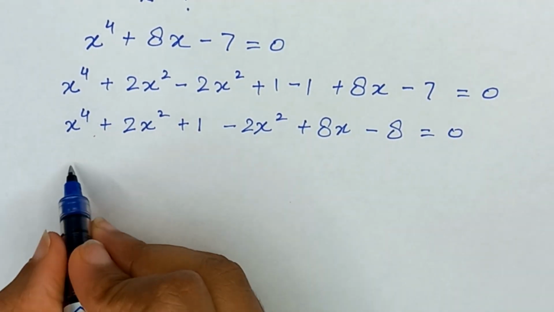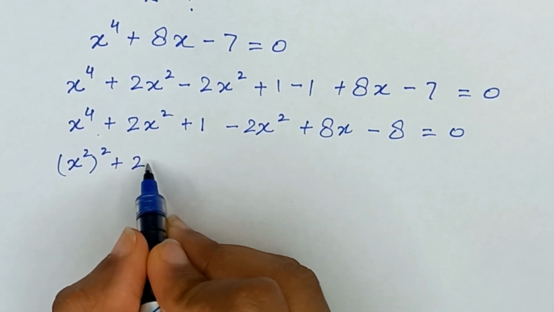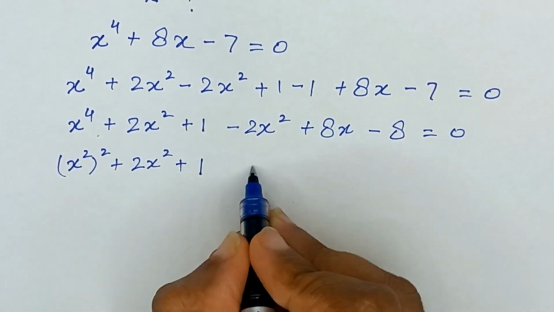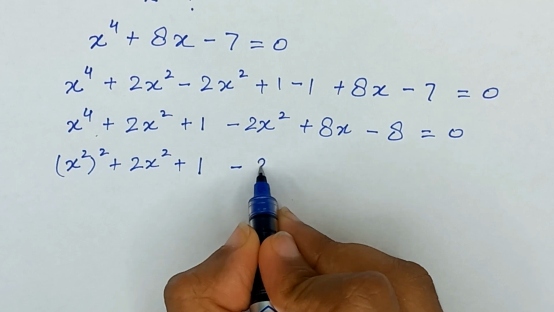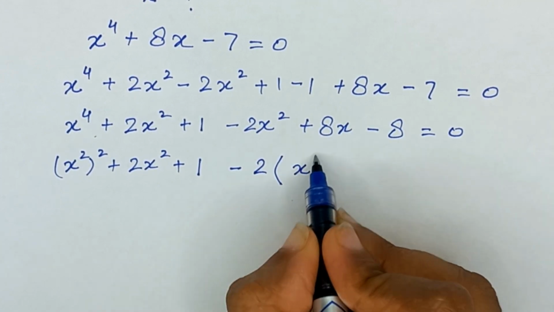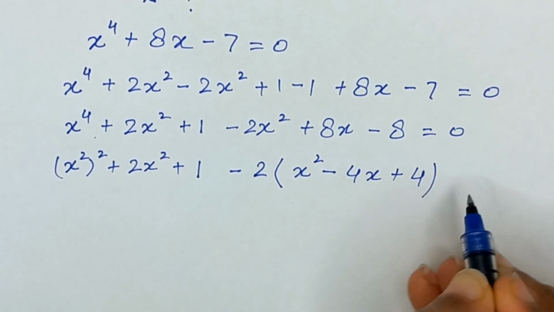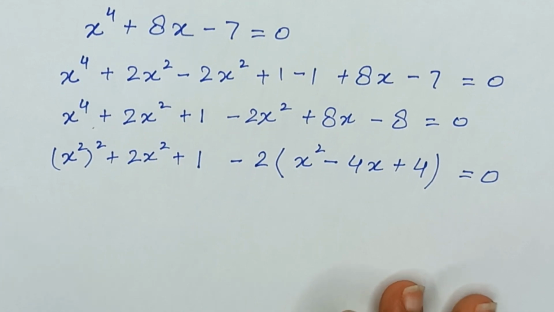Now you can see that it can be written as x square whole square plus 2x square plus 1. From here, negative 2 is common, so it will become x square negative 4x plus 4 and it will be equal to 0.